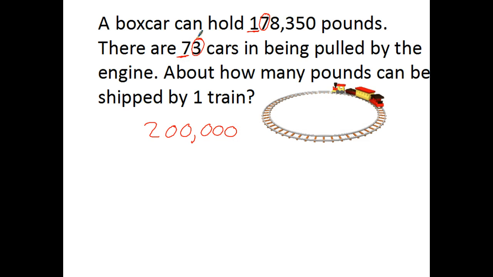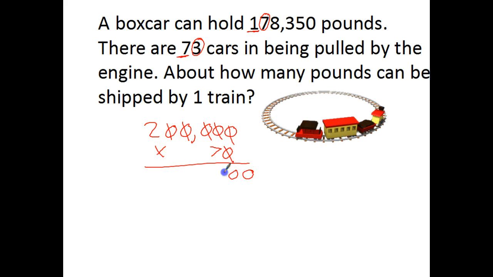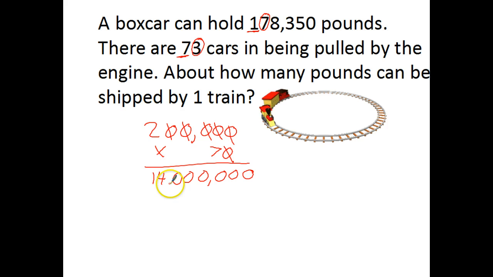Level 3 bully, stay where you're at, act like a cat. Going to 70. Multiply it out. 1, 2, 3, 4, 5, 6 zeros. And what I'm left with is 7 times 2, which equals 14. Put my commas in. 1, 2, 3. 1, 2, 3. 14 million pounds.